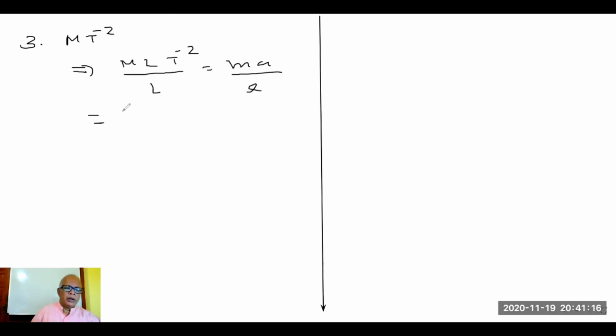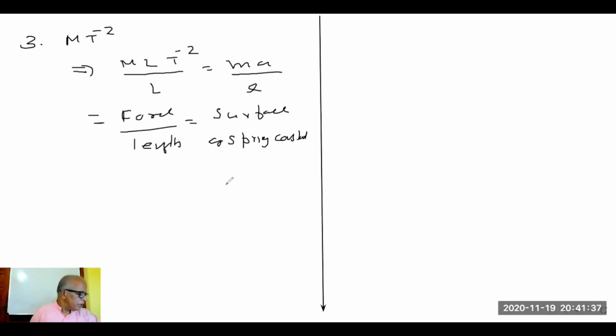Force by length is surface tension, or spring constant. Both are correct. Okay, next we will do. Hope you followed it.